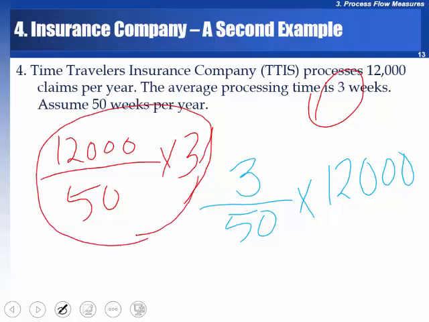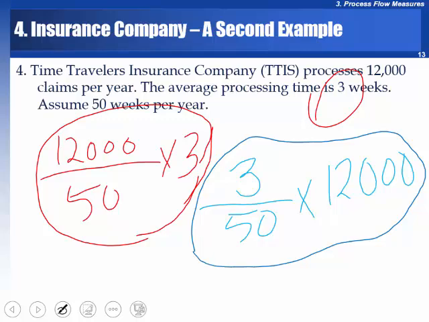In one of them, I transformed throughput per week and left 3 weeks as week. In the other one, I transformed week into a year and then multiplied by throughput per year. Both of them are correct. And if I do the math, in both situations, I end up with 720, and that is my inventory.